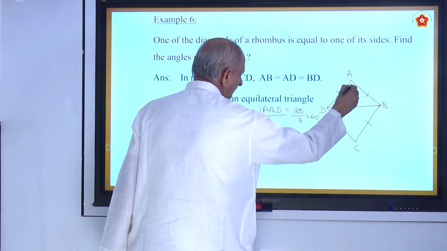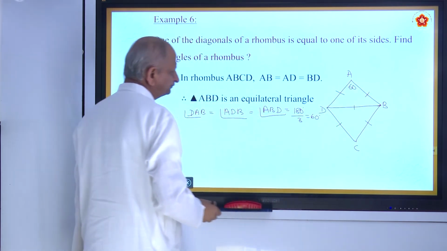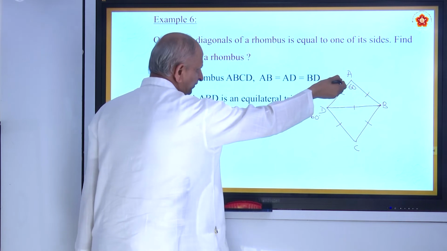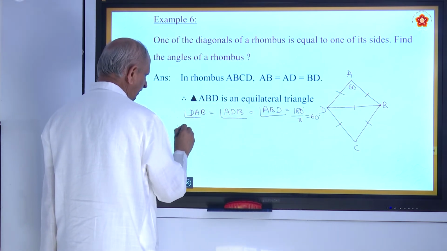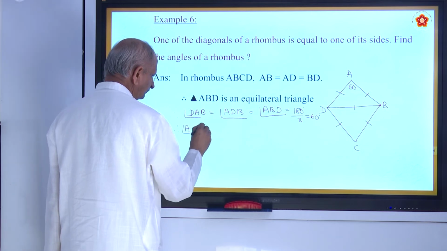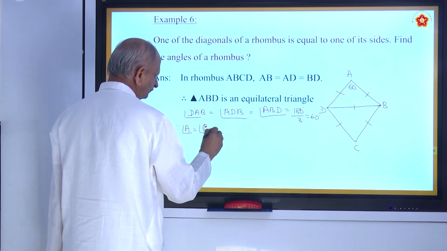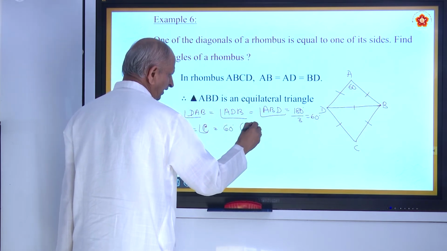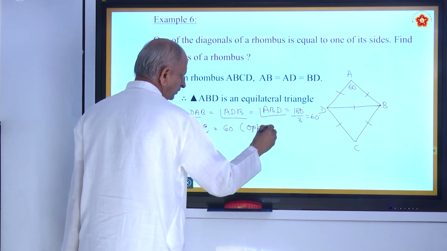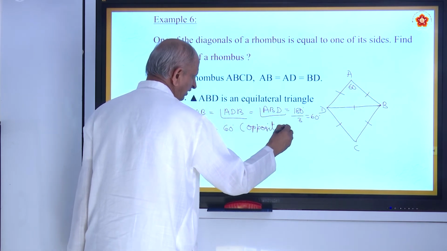So this angle becomes 60. And when you say opposite angles are equal, therefore angle A is equal to angle C is equal to 60 degrees because opposite angles are equal.